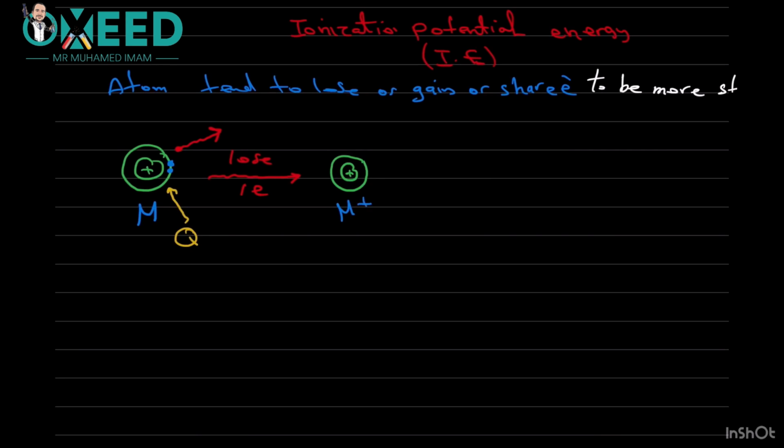Well, this positive ion may lose another electron, lose one electron like this. So it's supposed to absorb another amount of energy, Q, which is also called ionization energy, to change to a smaller particle referred by M positive 2.